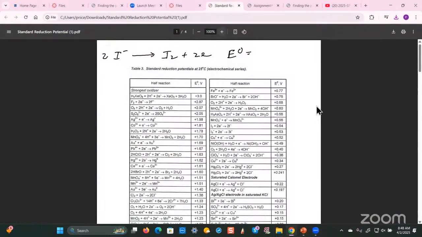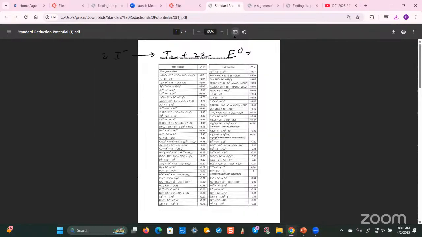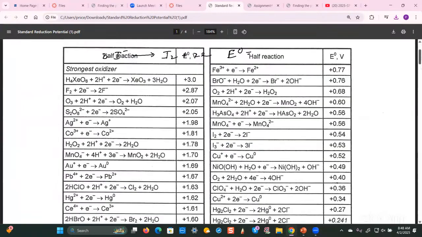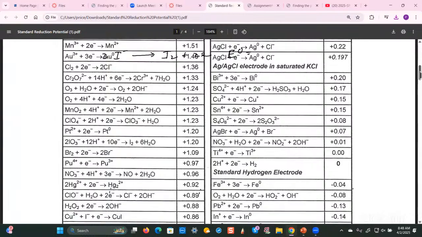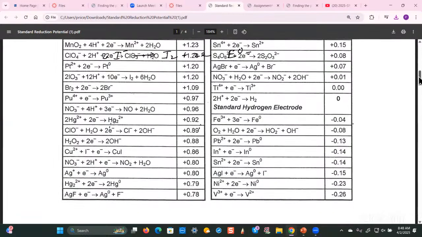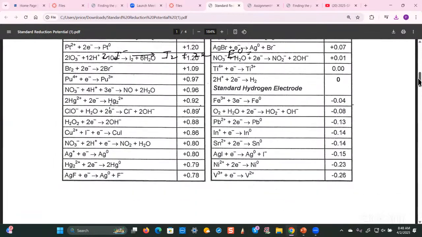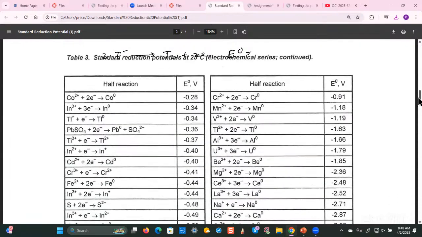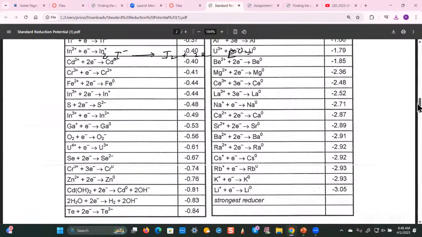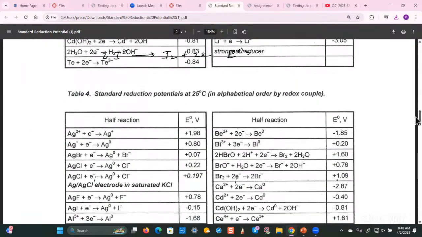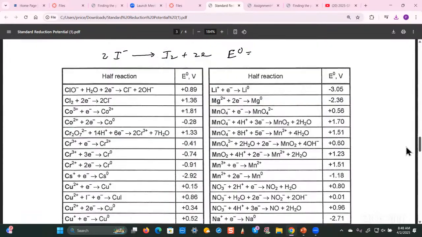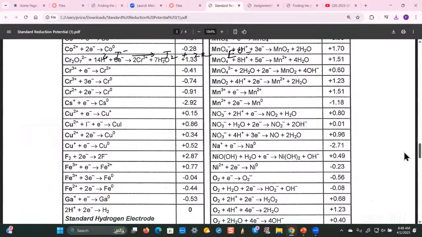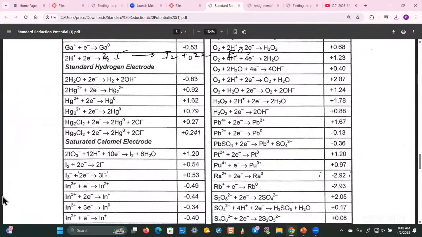Okay, so what I'm looking for here is the equation for the oxidation of I minus. Now remember, these are all reduction equations. So let me see where iodine is. I minus, the iodine. Okay, so this is the equation for the reduction, right?